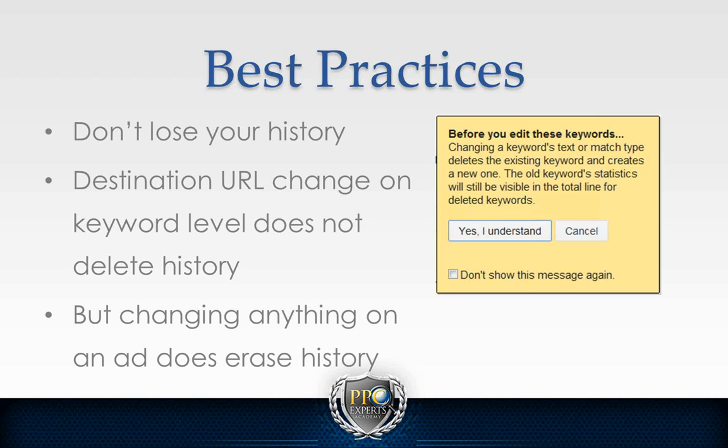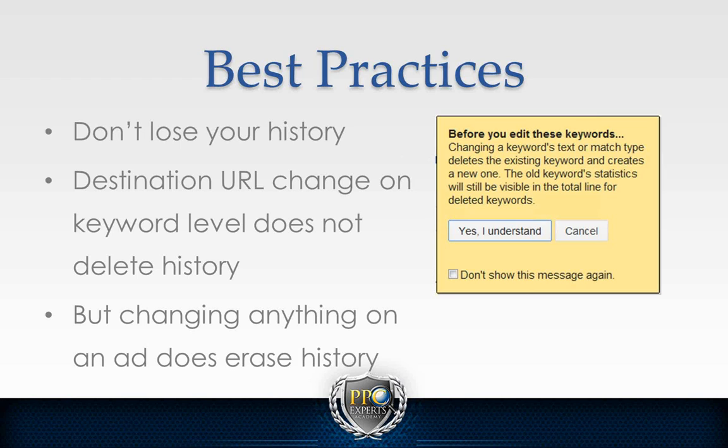Well, you can either clone all your ads and pause the old ones and have your new ads with the new landing page, or you can just change the destination URL on the keyword. It's very important that that's on the keyword level.